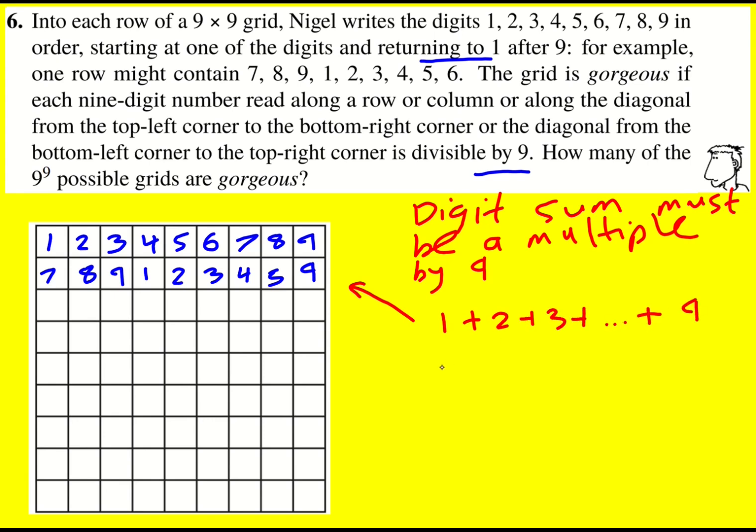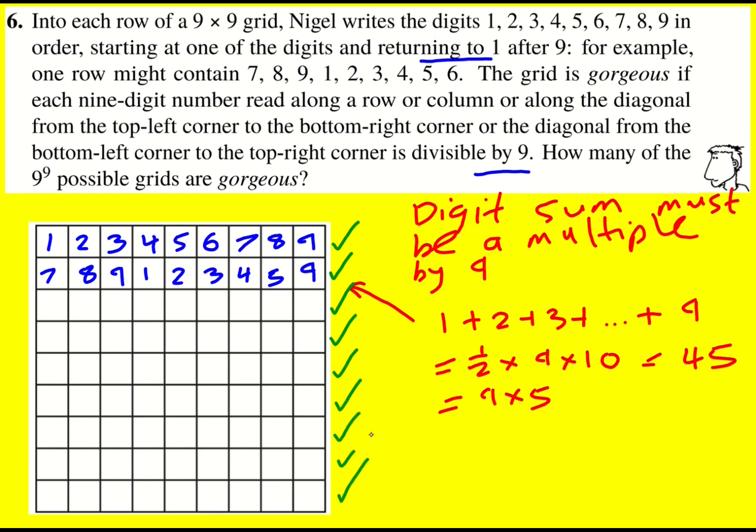You can do this by hand, or you can use the formula half n times n plus 1. That's the nth term of the triangle numbers, so we get half of 90, or 45, which is divisible by 9 because it's 9 times 5. So every single row, no matter what starting number, is going to be divisible by 9.